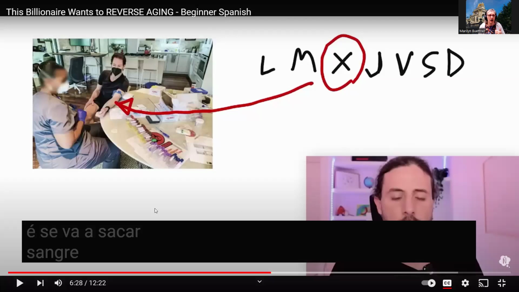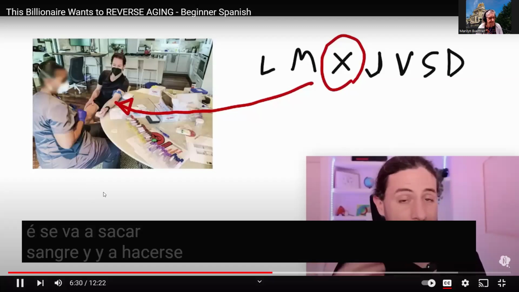Or hacerse viejo, become old, to get old, you know? But irse is kind of a special one. We'll take a look at that later. And actually, the way that you will usually hear people using irse is a little bit different than how he's using it here in the video. But he goes off to have blood withdrawn, to have blood taken out. That's what that means here.